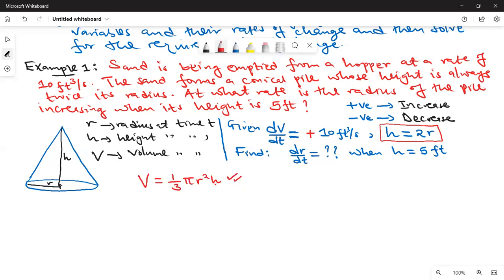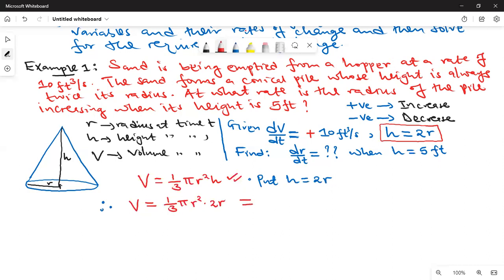So I want to get rid of h because we are told h equals 2 times the radius. So we are going to substitute. Where there is h, we substitute 2r. So what is the volume now? Volume will be equal to 1/3 pi r squared times 2r.